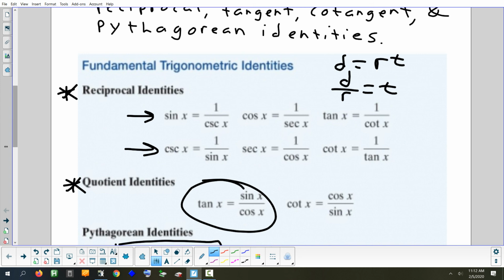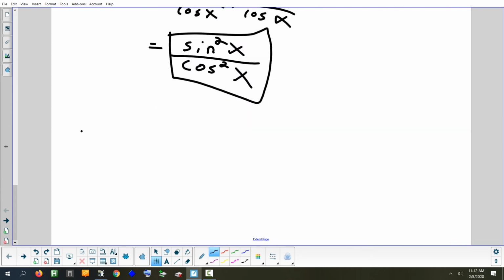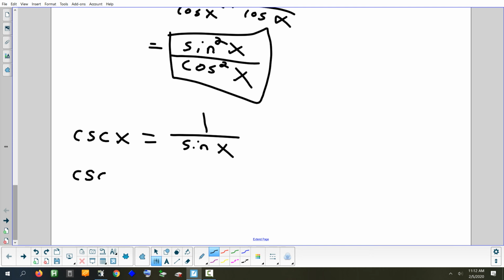You could do the same thing with these. I'll just show you this one, cosecant. Cosecant is 1 over sine. I'm going to do exactly the same thing I just did with tangent. Cosecant squared. How could you write cosecant squared if somebody didn't understand what this 2 meant? Just get rid of that 2.